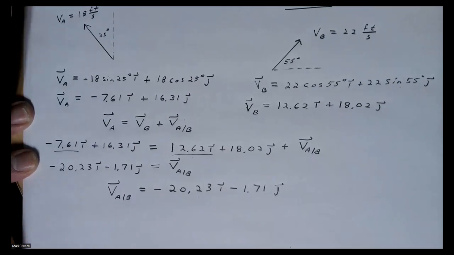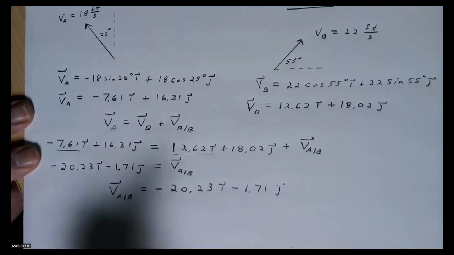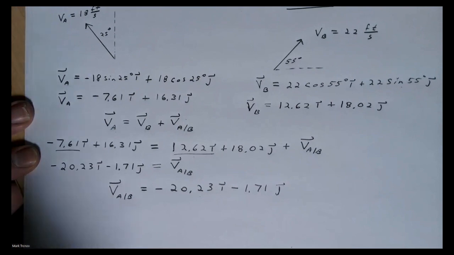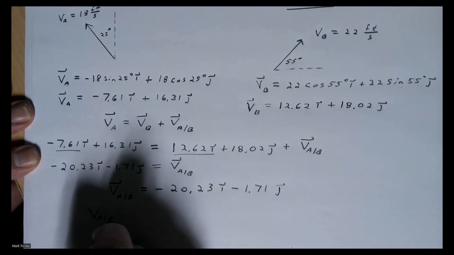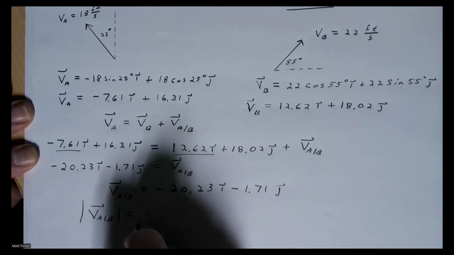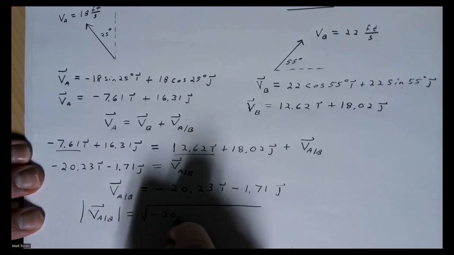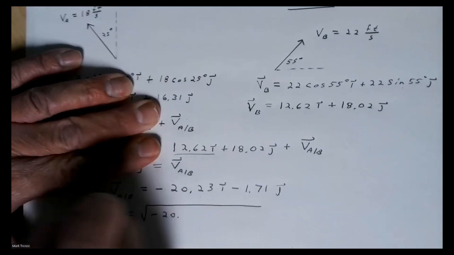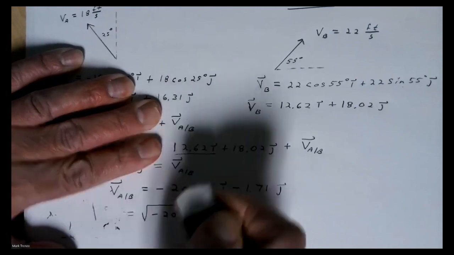Now that's the vector, and that's the most important part of this problem, to get this vector. The rest of it is important, but not nearly as important as this. Now, if we want to find the actual magnitude VAB, remember that's going to be calculated this way. I usually put just VAB without the vector sign.